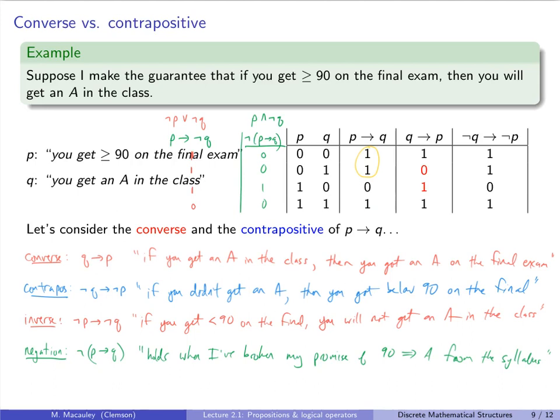So again, in all of the other cases, I may or may not have broken my promise, but what this is checking is it's returning true when I have absolutely broken my promise.